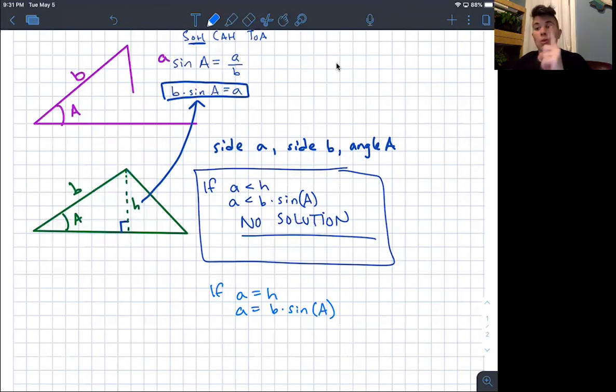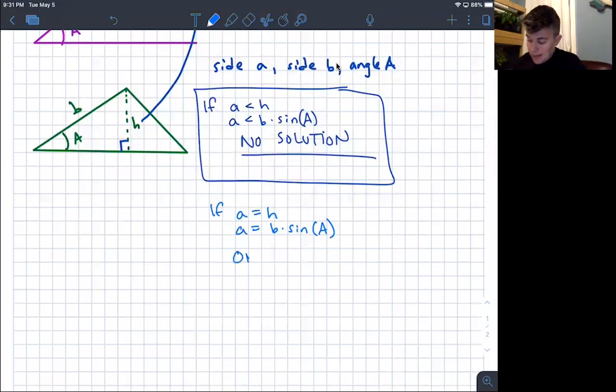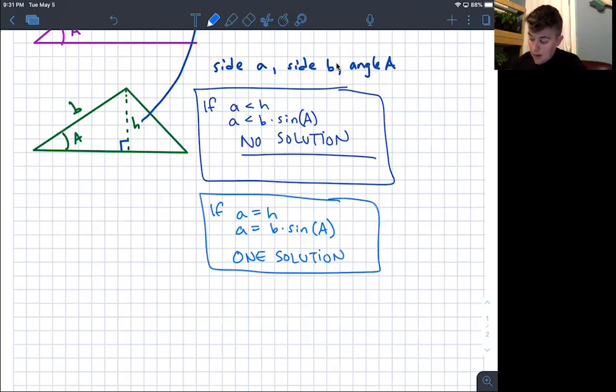So that means there's only one possible solution, right? So if A is exactly equal to the height, that means it's one solution, and that solution is going to make a nice fancy right triangle, right?